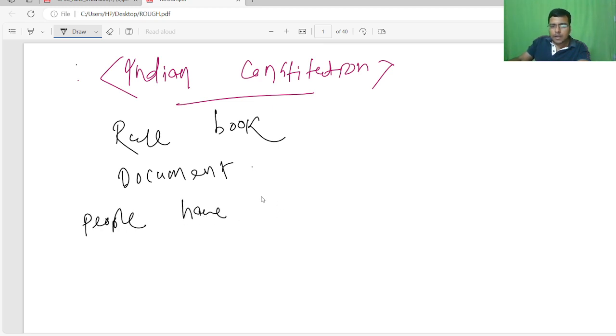That is important. So it is not just any other document, it is a document in which people have faith. Otherwise, the document has no value.